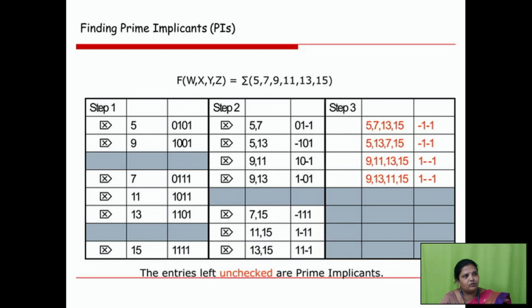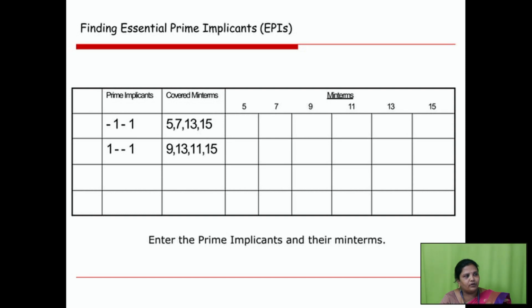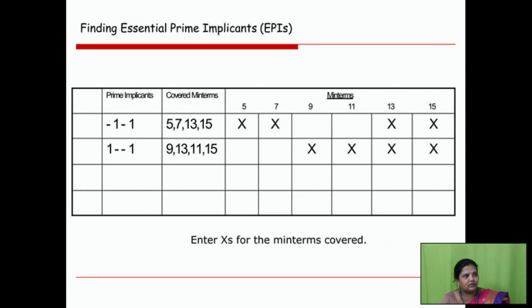Okay, so next we are going to find your essential prime implicants, that is 5 comma 7 comma 13 comma 15, and the covered min terms are 9 comma 13 comma 11 comma 15. So for your min terms, we have to put a dot or cross. Okay, so 5 7 13 15.